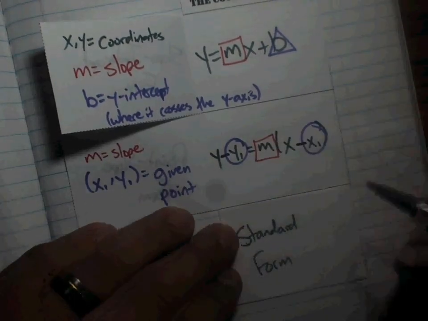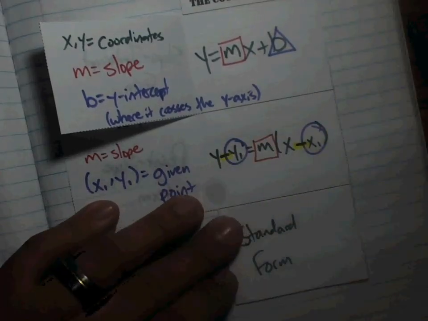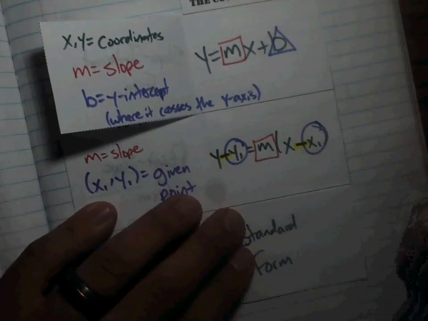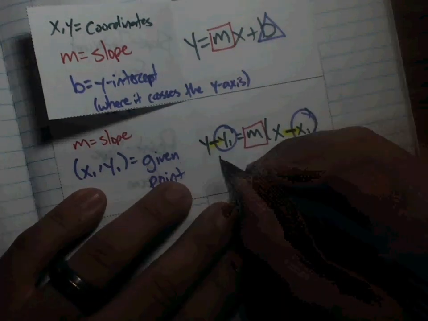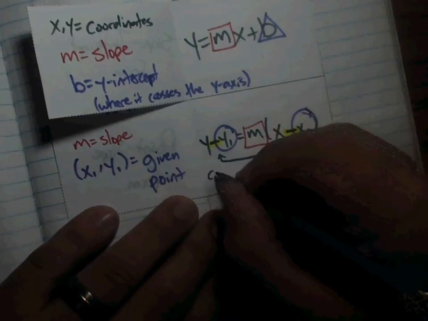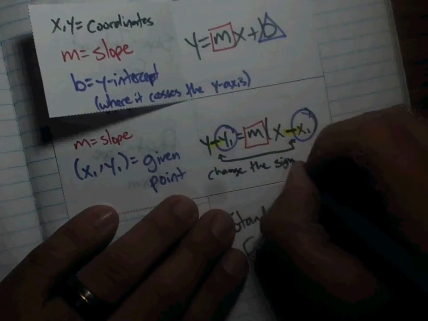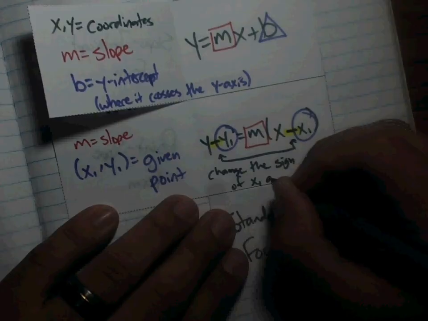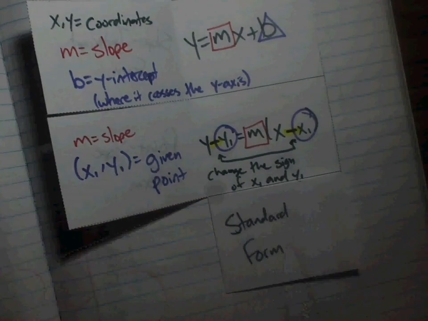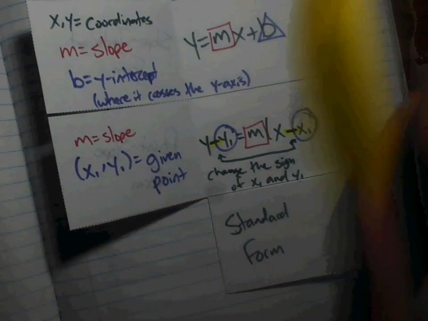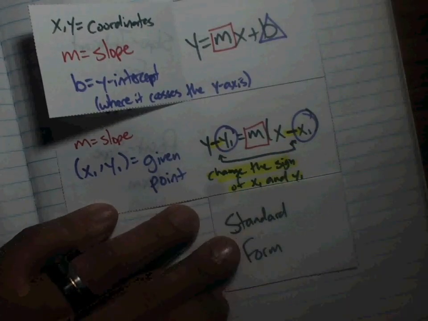I do want to highlight, literally highlight, the fact that we have these negatives in here. So watch out for this. Because those negatives are there, this will change the sign of x1 and y1. If there's a negative in front, it's going to change the sign of your x1 and your y1.